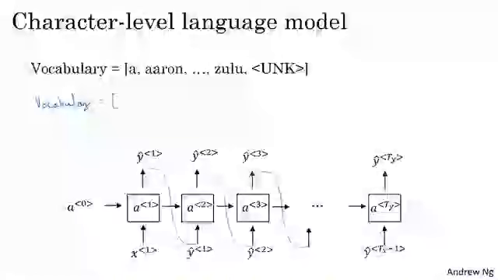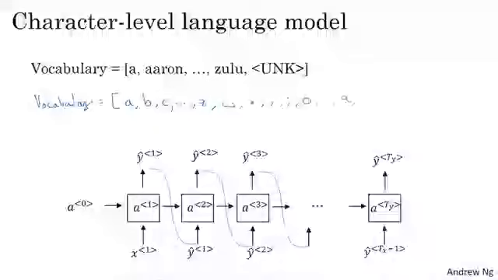So in this case, your vocabulary would be just the alphabets A through Z, and as well as maybe space, punctuation if you wish, the digits 0 to 9, and if you want to distinguish between uppercase and lowercase, you could include the uppercase alphabets as well. And one thing you could do is actually just look at your training set corpus, and look at the characters that appear there and use that to define your vocabulary.